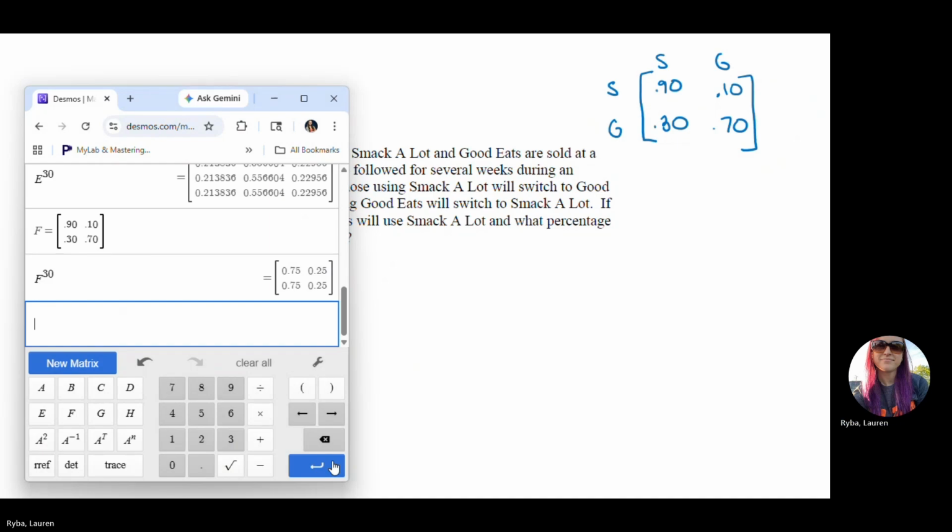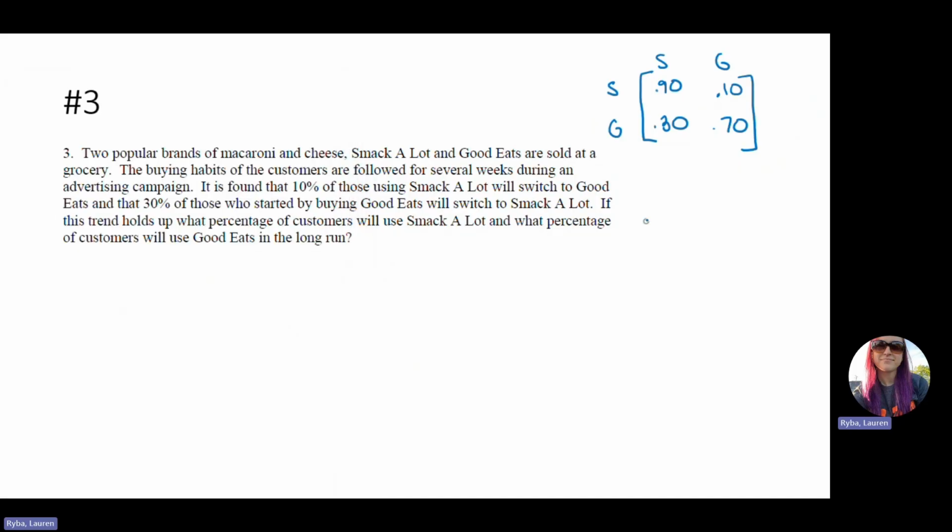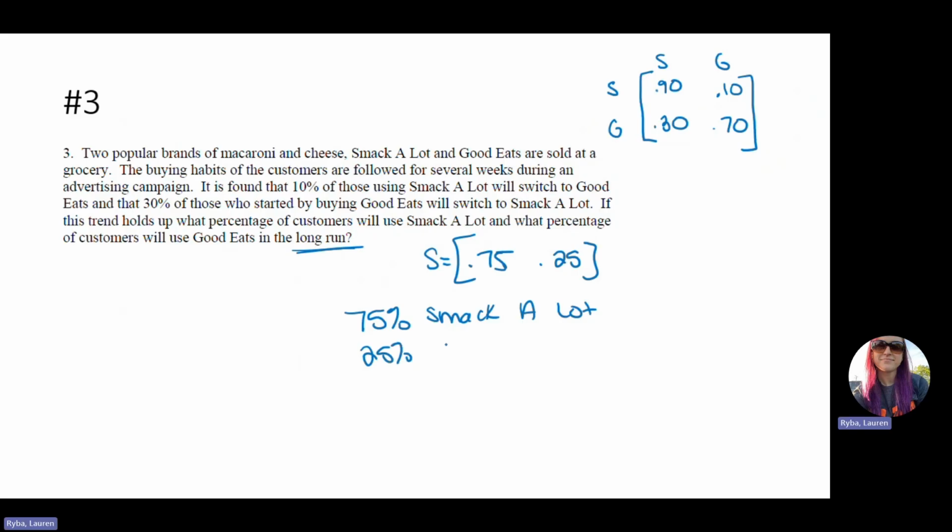And we have gotten our steady state of 0.75, 0.25. So in the long run, 75% will have Smack-A-Lot and 25% will have Good Eats.